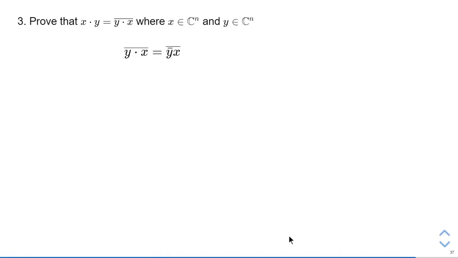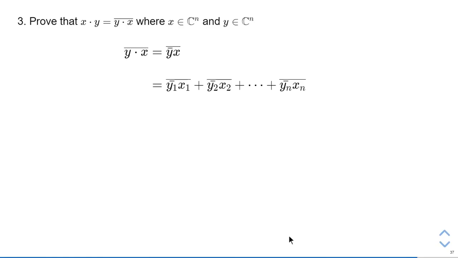You can write this y dot x whole conjugate like this. Remember, I have just replaced the dot product by y conjugate transposed times x, whole conjugate. Then you can expand this.